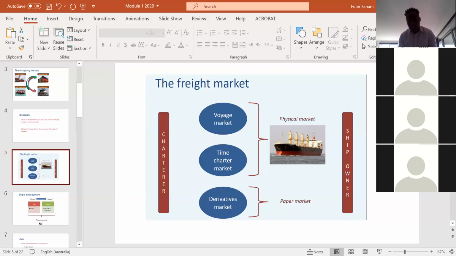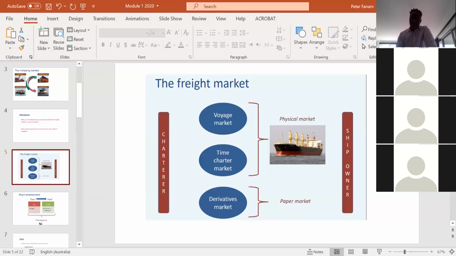So in this market, they hedge themselves against the adverse swing of the freight rate, because as you may know, the freight rate is not stable. It's very volatile. It can be high today, and a few months along the line, it can really go low. And as we experienced in just this COVID-19 period, the freight rate does exactly that.